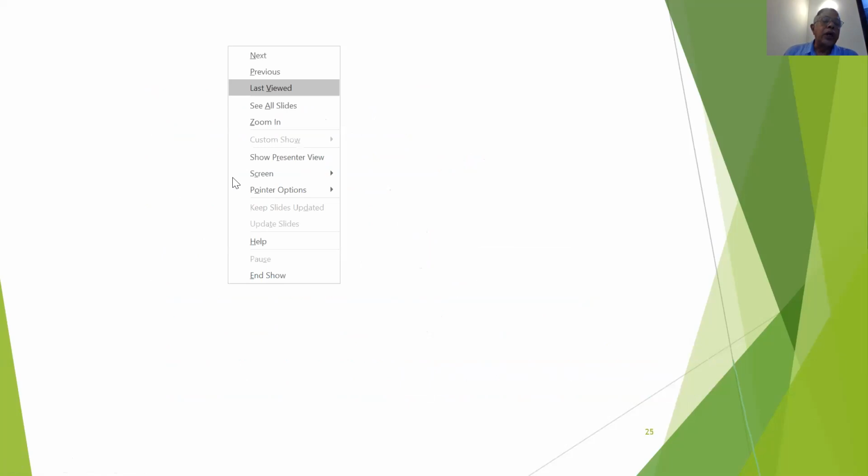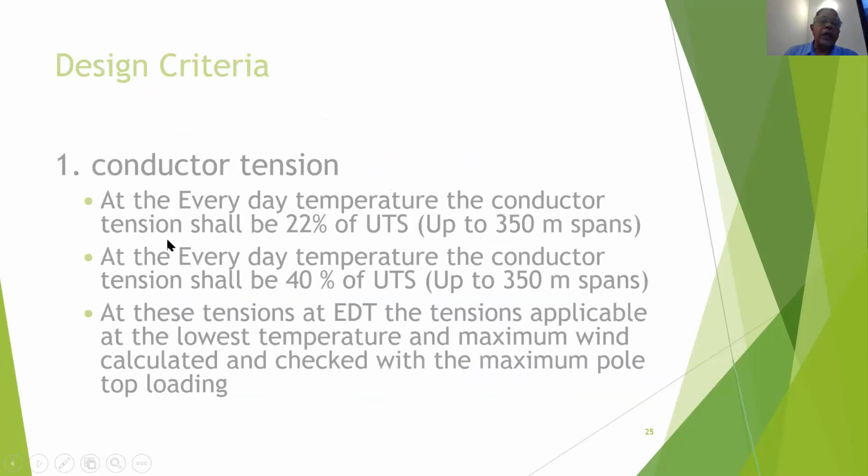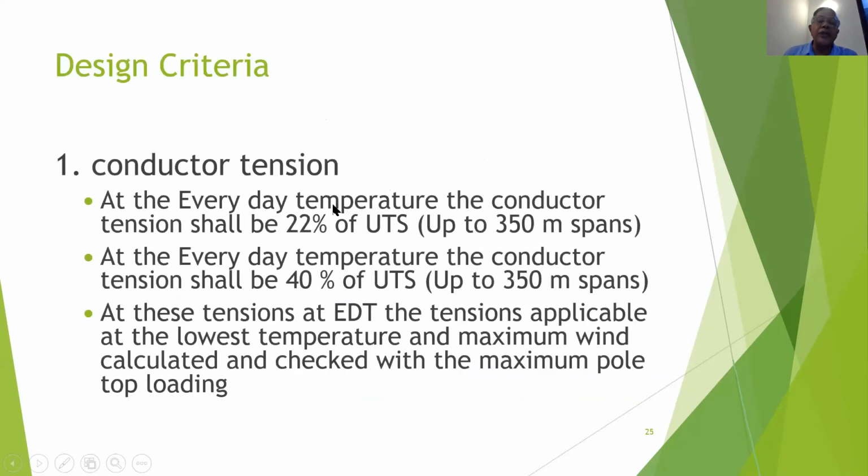Conductor tension in Sri Lankan standards, at everyday temperature, shall be 22% of the UTS. UTS means ultimate tensile strength; above that point, the conductor breaks.